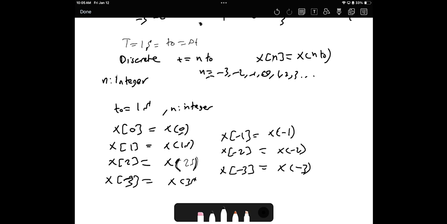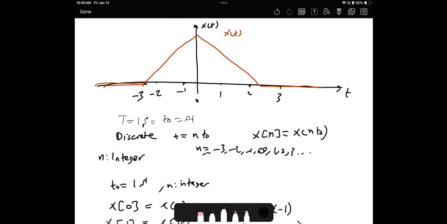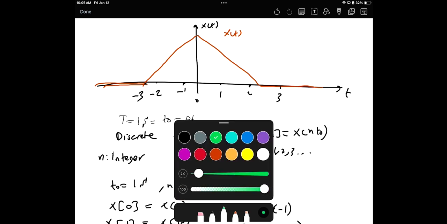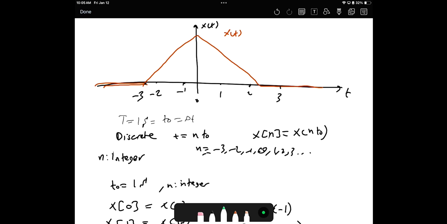Then in the waveform, what will the behavior of the time step be? It is going to be, for example, like this. At 3 seconds, it's already 0. At negative 3, 0. At negative 2, it will be like this. At 1 second, or negative 1 second, and t equals 0.